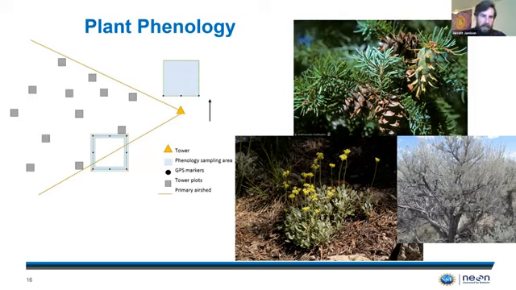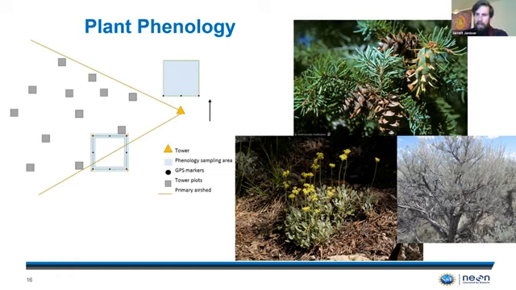Each side of that is 200 meters, and the individuals selected are within 10 meters of the square transect. And then the tower, that yellow triangle there, directly north of the tower in view of the phenocam is our phenocam plot, where we have those 9 individuals, 3 of each of our most dominant species selected there.